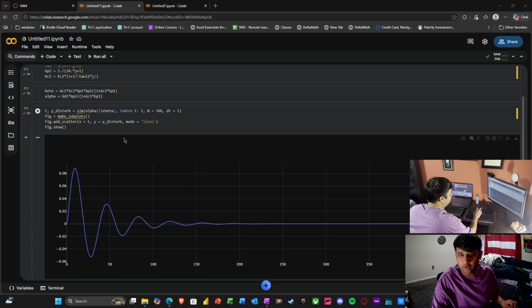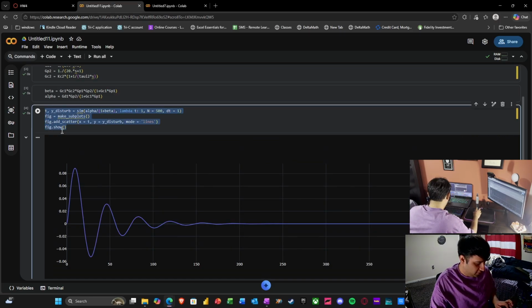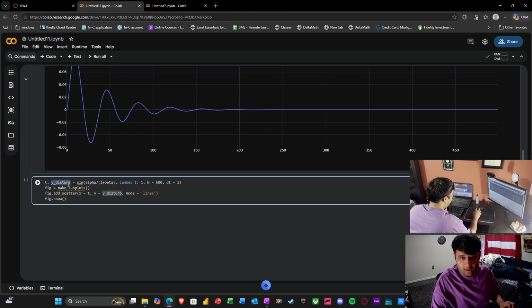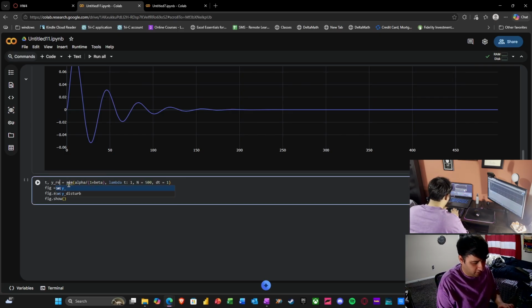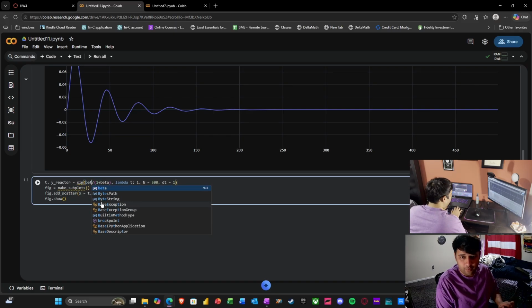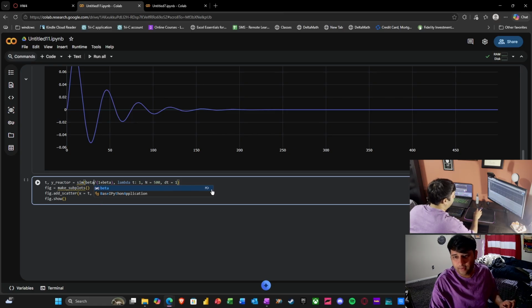So now what we're going to do is, basically I'm just going to copy this over because it's pretty much the same thing. However, instead of looking at the disturbance, which is the inner set point change, we're going to be looking at the outer. So we just have a few things that are different in terms of beta.